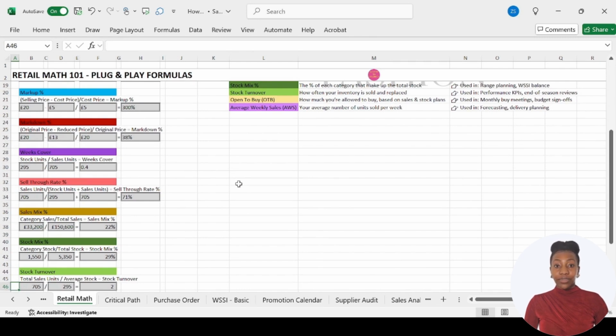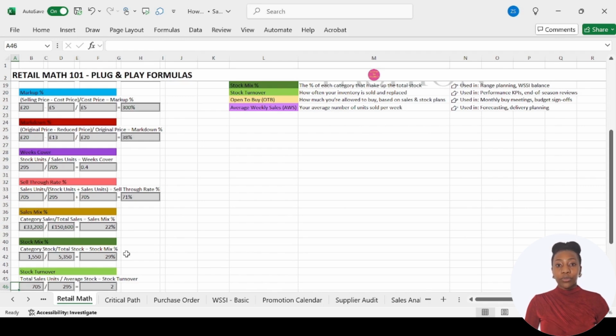And we also use stock mix and sales mix in comparison to each other, because if a style has such a high stock mix but such a low sales mix, it means that it's sitting there and it's not selling, and there's so many units behind a category, and it's all at a low price.